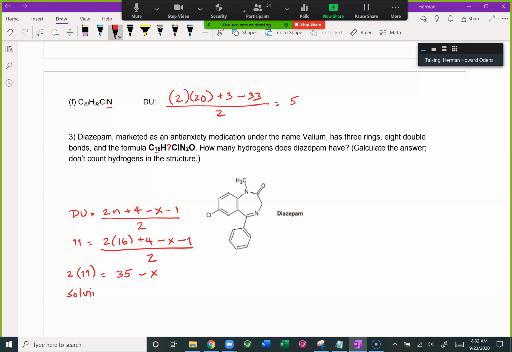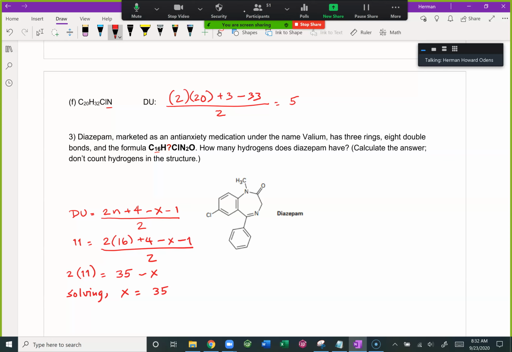In solving, x is going to be equal to... Notice that I can move the x to the left side of the equation, and it turns positive. 35 stays there, and 2 times 11 is 22.